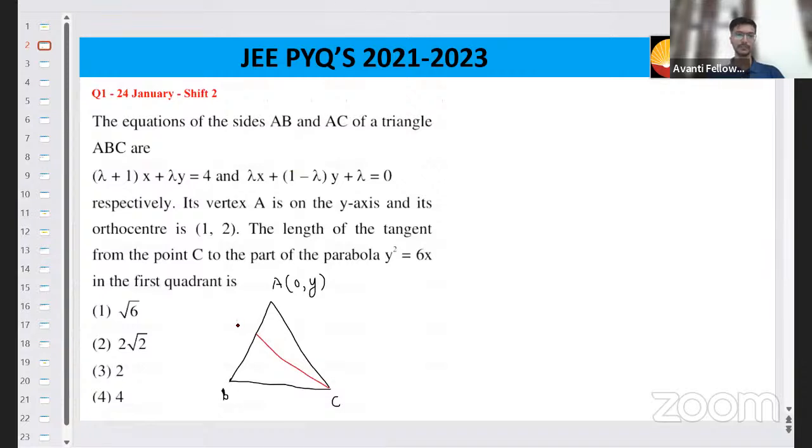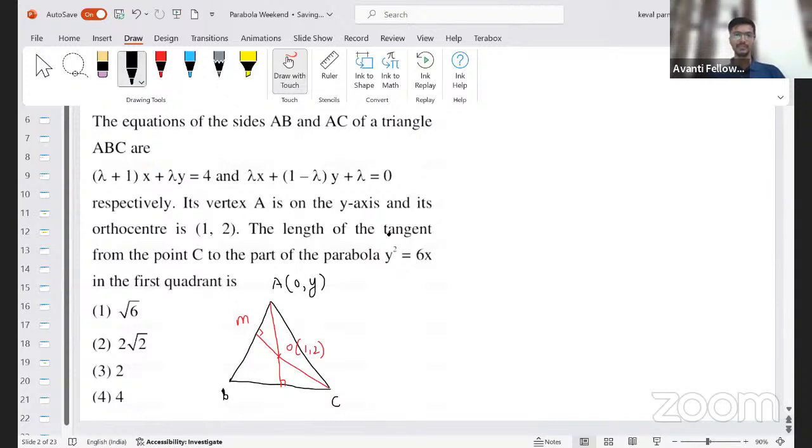So let this be an altitude CM, and let this be another altitude, and this is the orthocenter. Let's mark it as O, whose coordinates are 1, comma 2. Right, guys? Chalo.